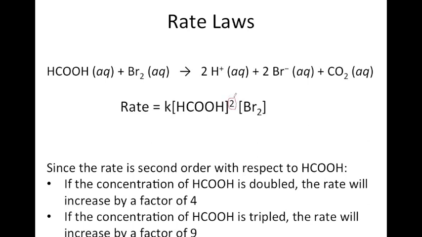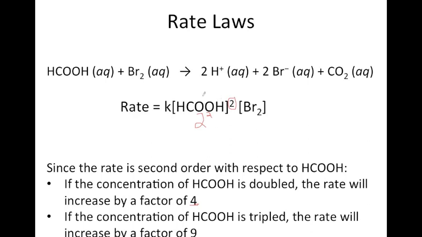So what that tells us is if we double the concentration of this reactant, since it's second order, 2 to the second power would be 4. So the rate of the reaction would quadruple, or increase by a factor of 4.